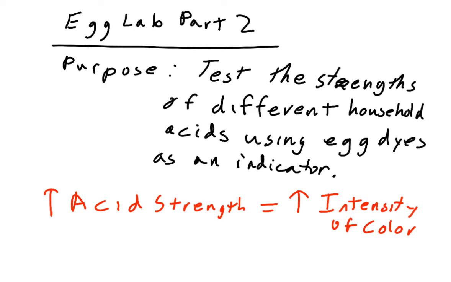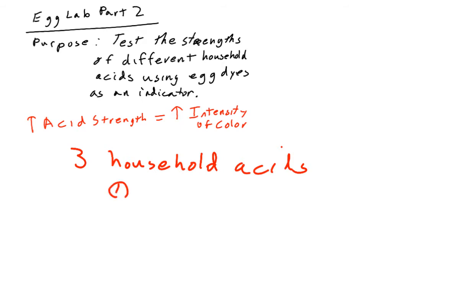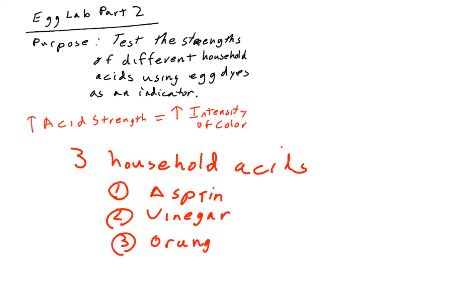You're going to test 3 household acids: aspirin, vinegar, and orange juice.